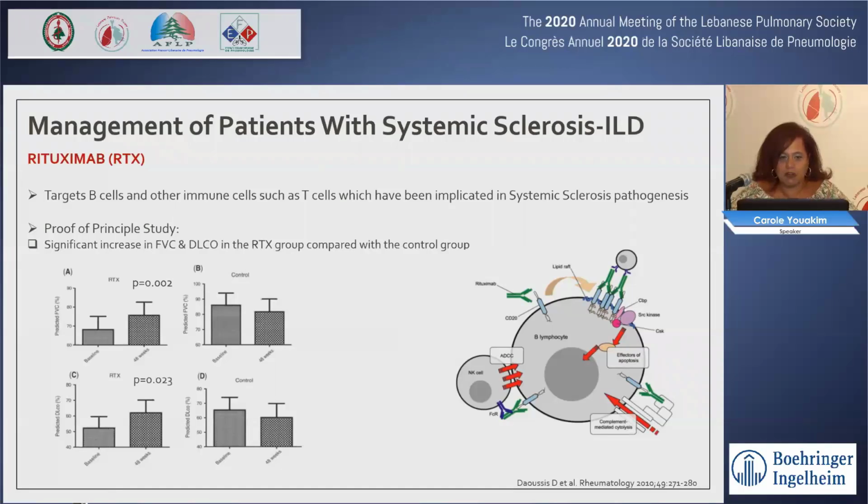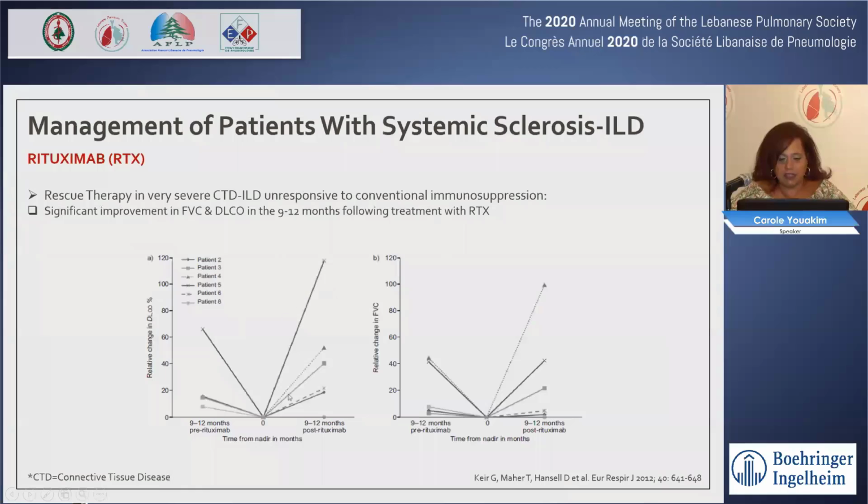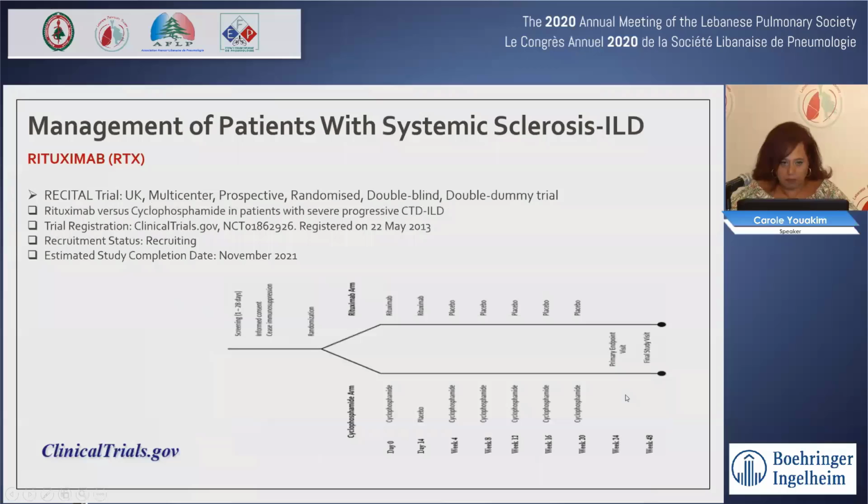In proof of concept studies, rituximab significantly increased FVC and the DLCO and was also effective in patients with severe connective tissue disease, ILD, unresponsive to conventional immunosuppression as a rescue therapy, with improvement in FVC and the DLCO.